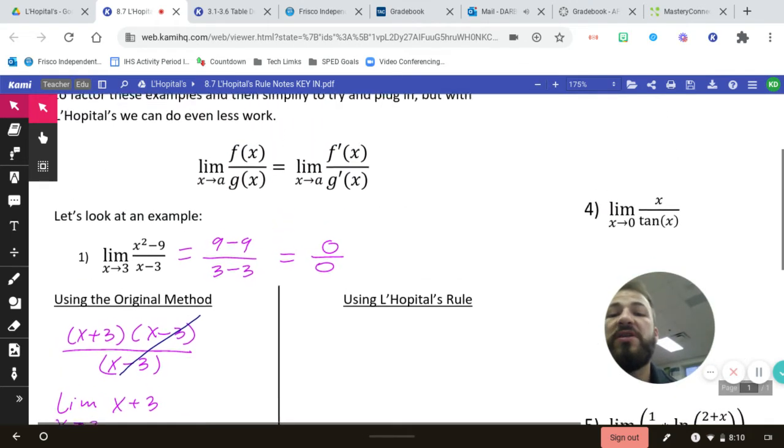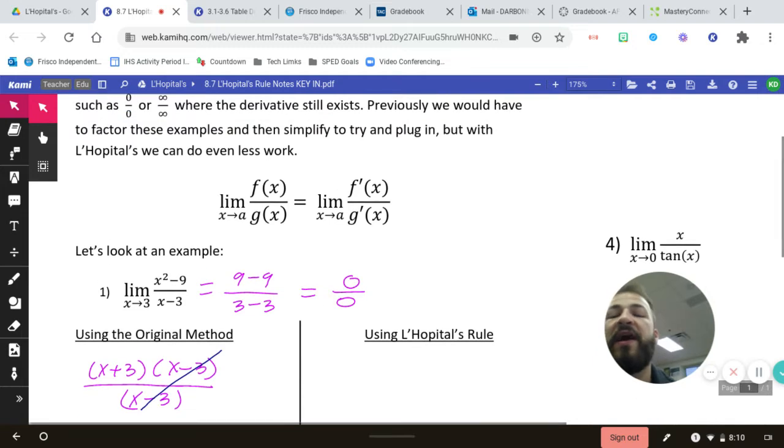L'Hopital's rule states that if I have the limit as x approaches a of f of x over g of x and I get that 0 over 0 or infinity over infinity, then I can derive the top of the function and the bottom of the function separately. I'm not applying quotient rule. I'm deriving each part of the fraction separately and then evaluating the limit again.